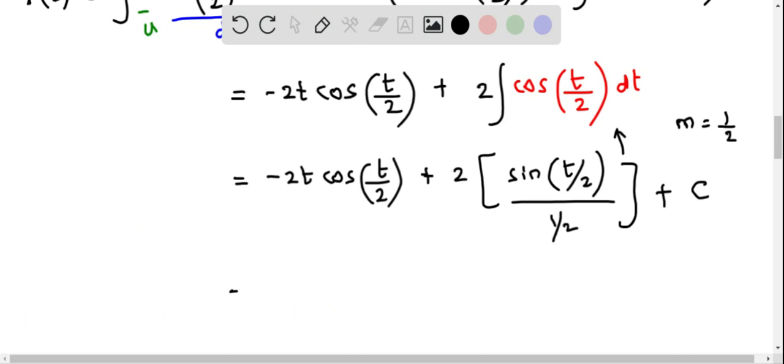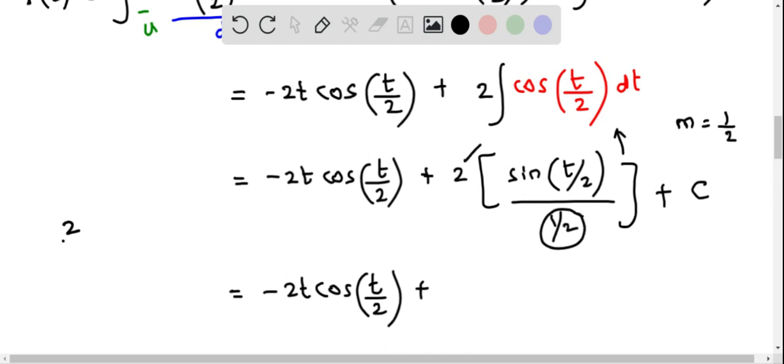So this equals, we put the first expression as it is, that is negative 2t cos of t by 2, plus we have 2 divided by half. So this equals 2 multiplied by the reciprocal of half, which is 2 by 1.